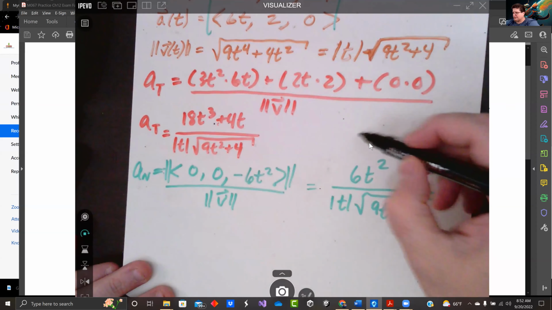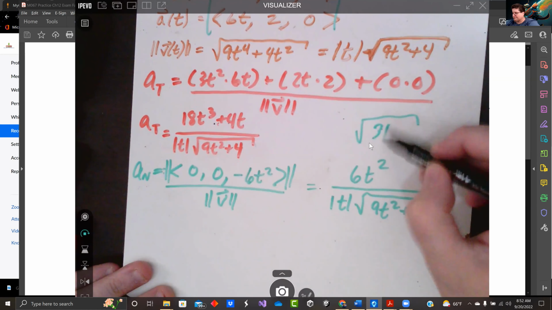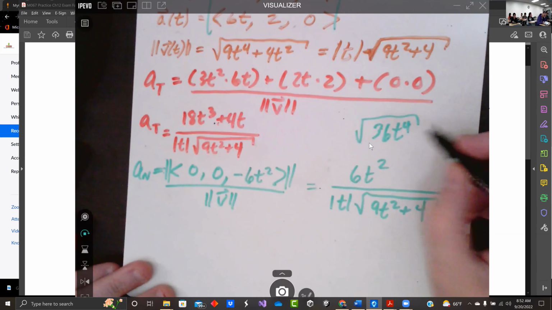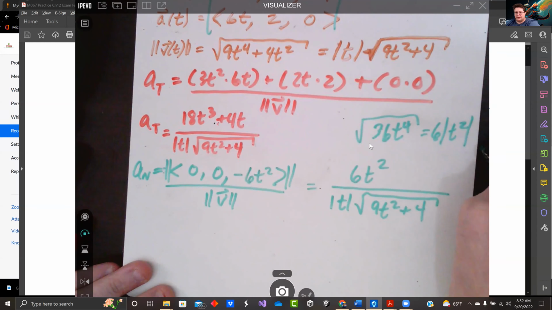This ends up being the square root of 36t to the fourth, which is technically 6 times the absolute value of t squared, but anything squared is positive in the real number line, not complex numbers. So the absolute value is not necessary.